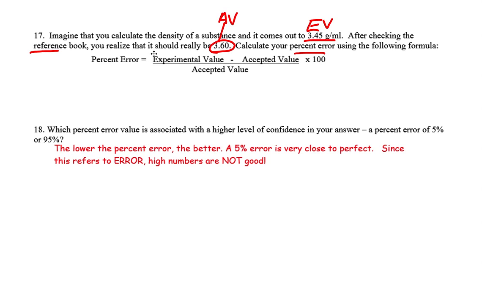Now here's the formula. The only thing missing from this formula, because they're really hard to type, are the absolute value signs. Now you will get this formula on your exam, so you don't have to memorize it, but you have to know what to do with it. So the experimental value is what you got, so that's your 3.45, minus the accepted value, what you should have gotten, according to the reference book, so it's 3.60. You're going to divide it by the accepted value.